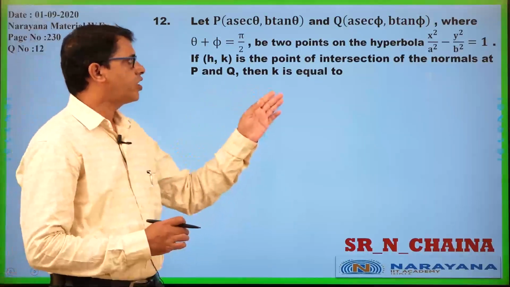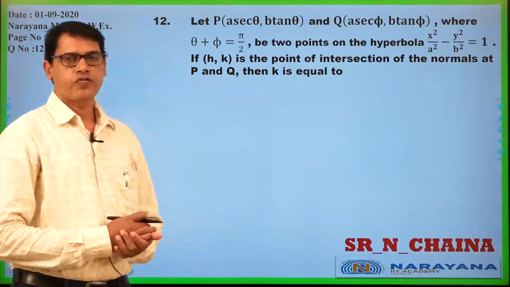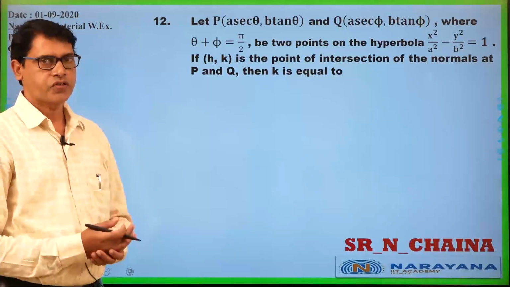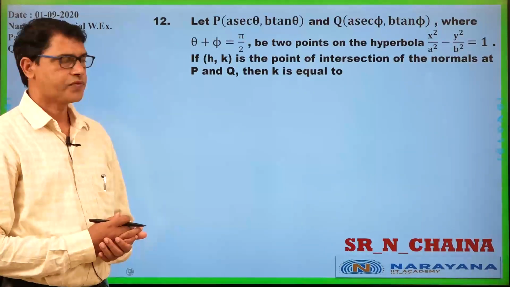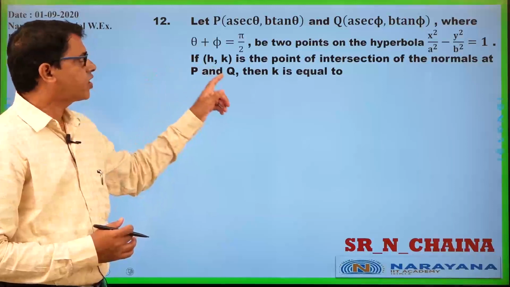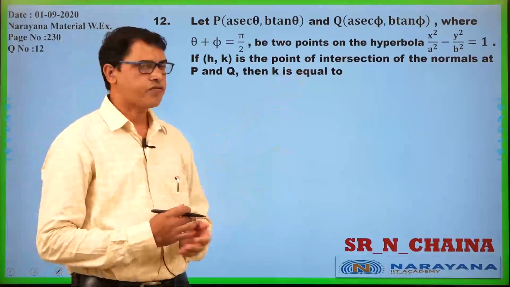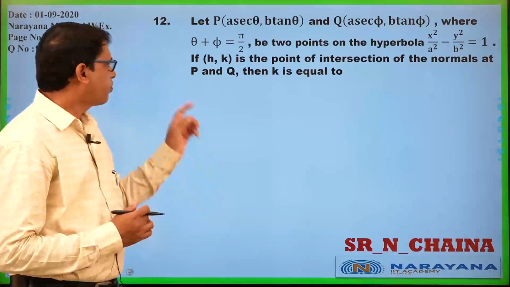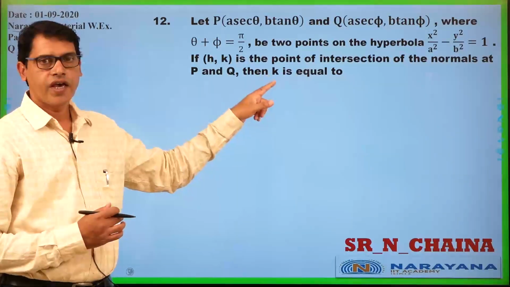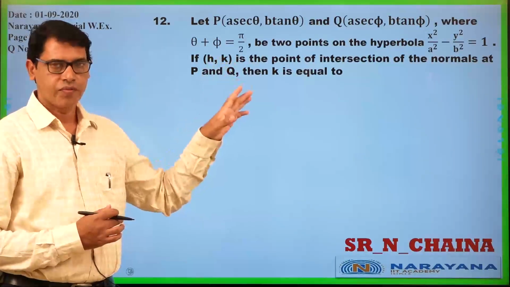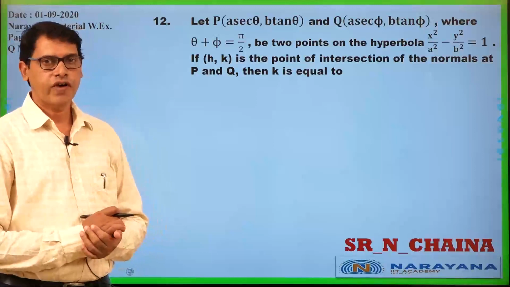be 2 points on the hyperbola x square upon a square minus y square upon b square equals 1, right? Now if h comma k is the point of intersection of normals at P and Q, then k equals, means here we have to find the value of k.